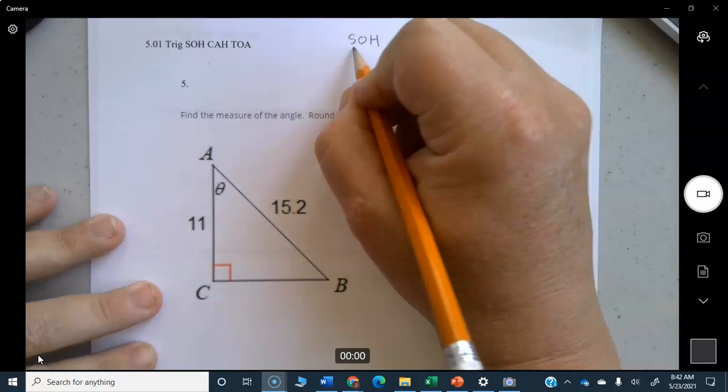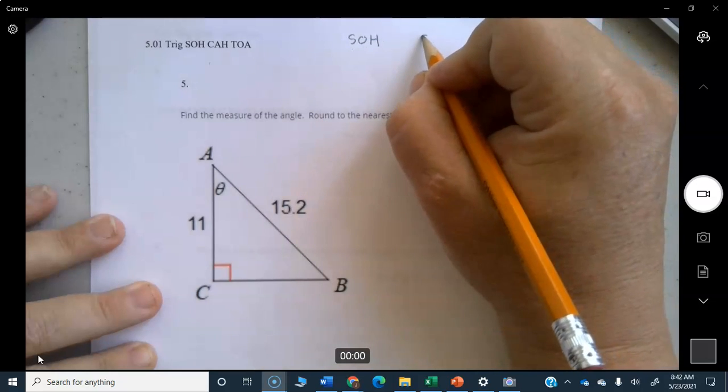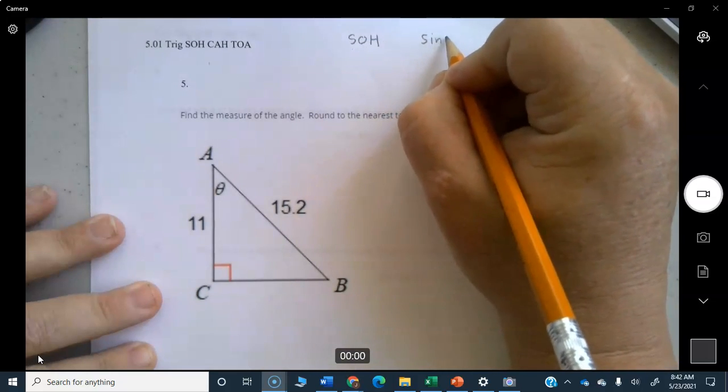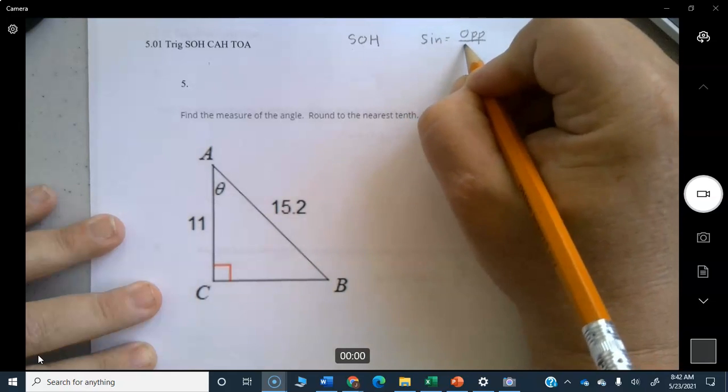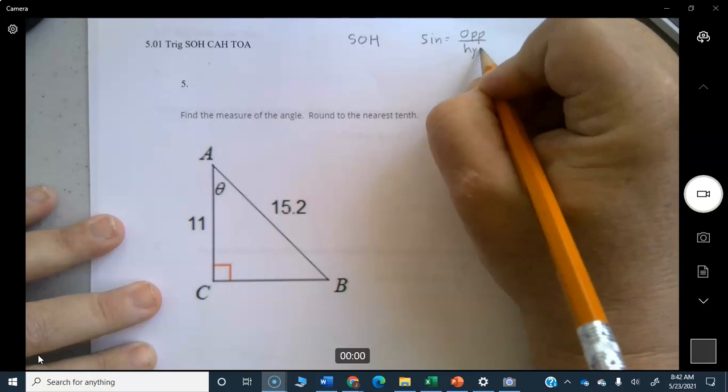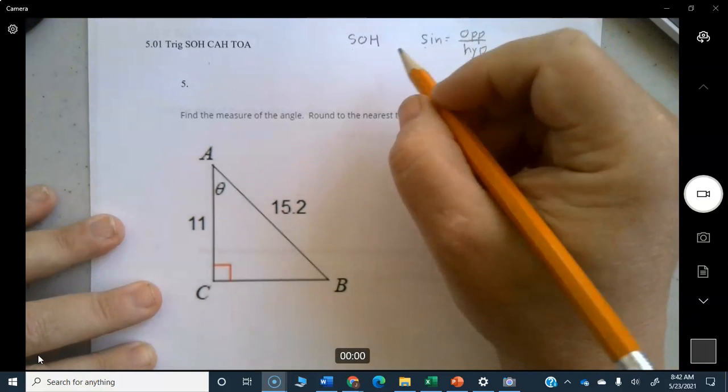So the SOH, S-O-H, is sine equals opposite over hypotenuse, SOH.